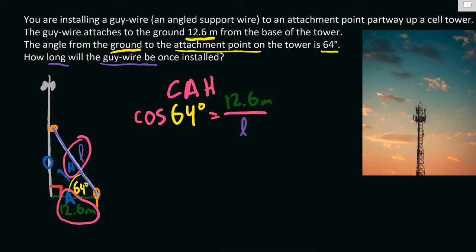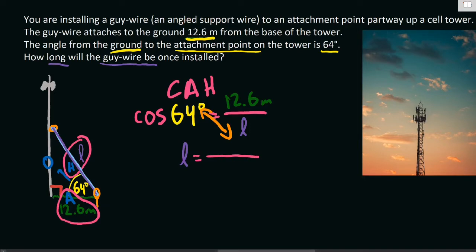So I showed you last time that you can actually do a double swap here. I'm going to multiply by L. At the same time, I'm going to divide by cos 64. And so that means that L is going to end up in the numerator on the left-hand side. 12.6 meters is still just chilling in our numerator on the right-hand side.